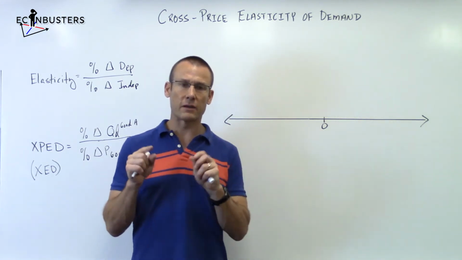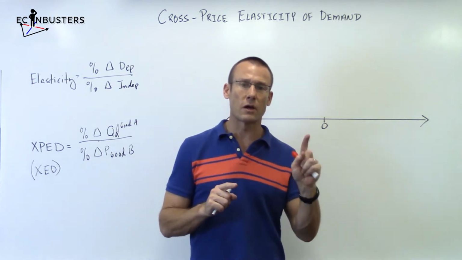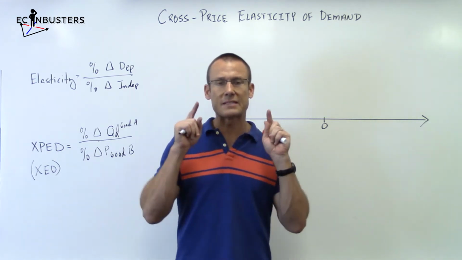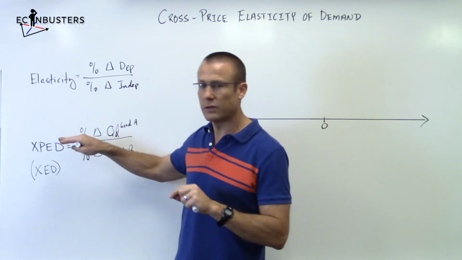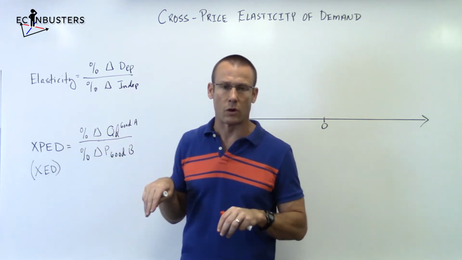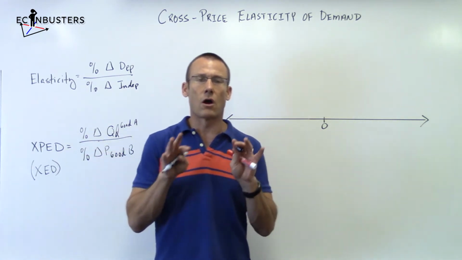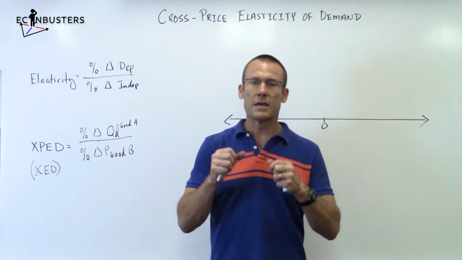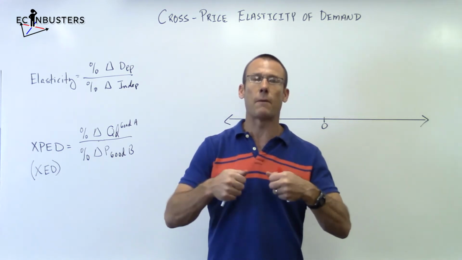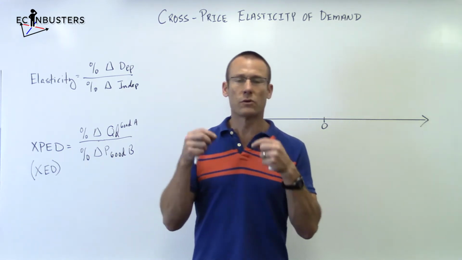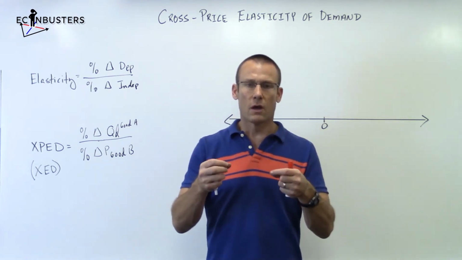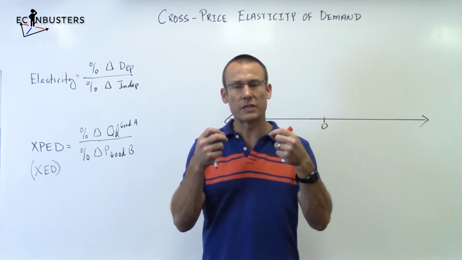Whether it's positive or negative tells us if the goods are substitutes or complements, and that's the main thing we're using XPED values for. The main thing we're trying to figure out is whether the goods are substitutes or complements, and how big of substitutes and how big of complements they are. There are all kinds of important public policy questions, okay?